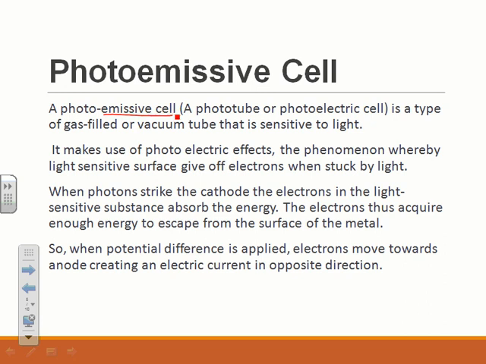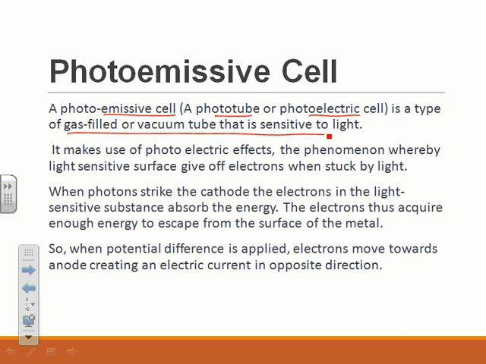It is a type of gas-filled or vacuum tube that is sensitive to light, and it makes use of the photoelectric effect.